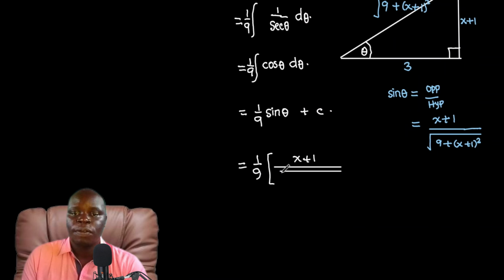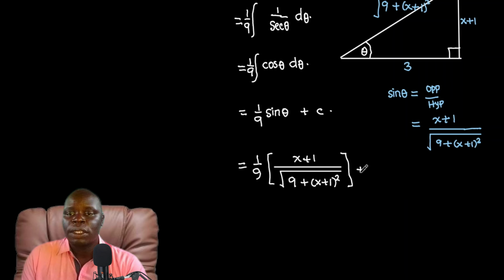So we have the root of 9 plus x plus 1 squared. So we can close up this and add our constant of integration.